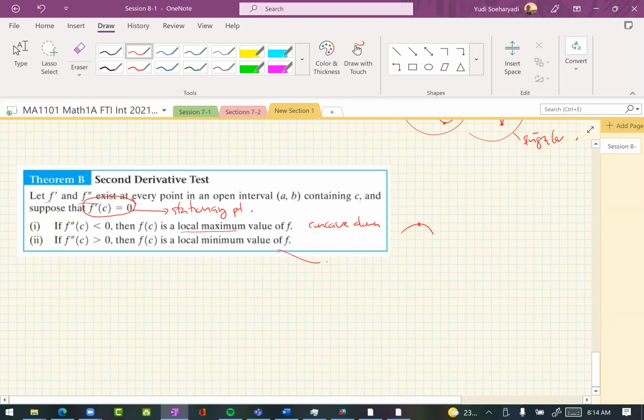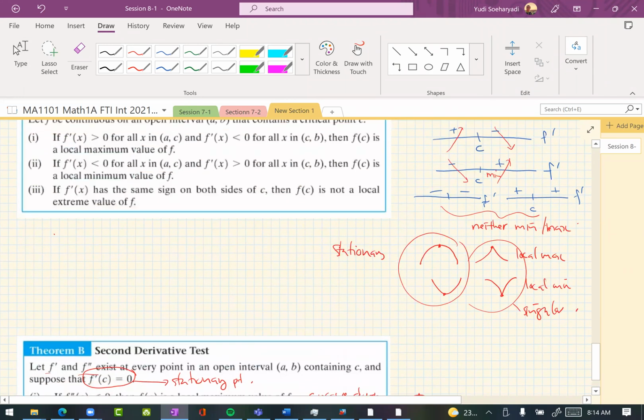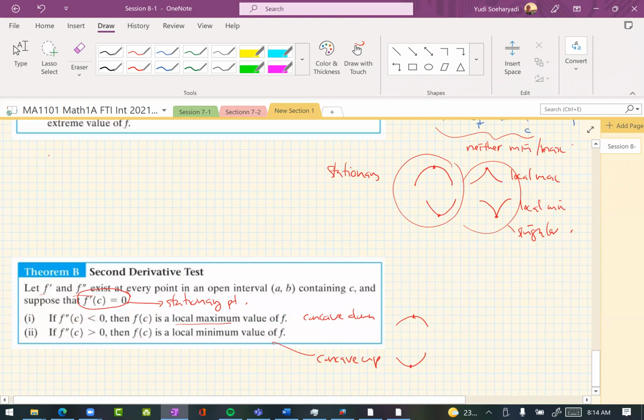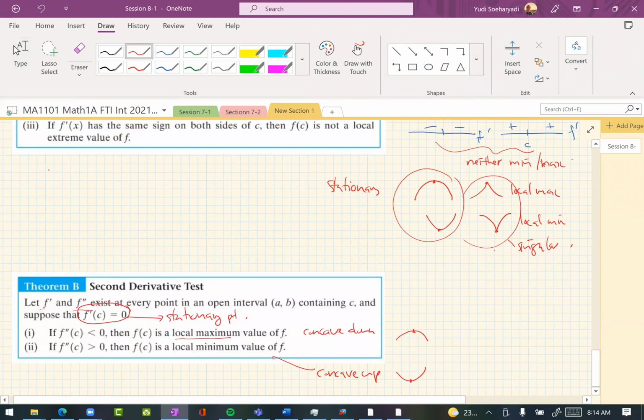And when it is concave up, and it looks like this one, that gives you a local min. So the second derivative test is more restrictive than the first derivative test, and it does not include the case for a singular point like this one.